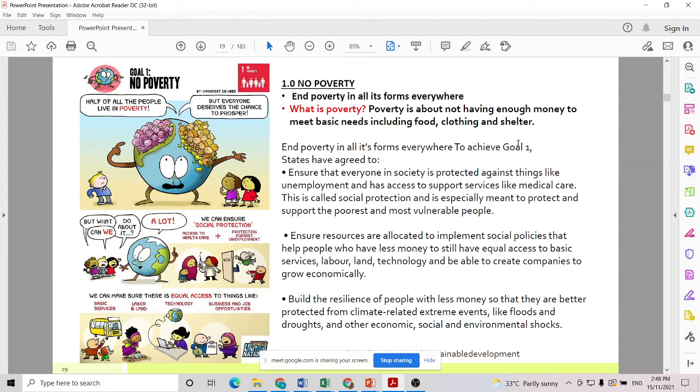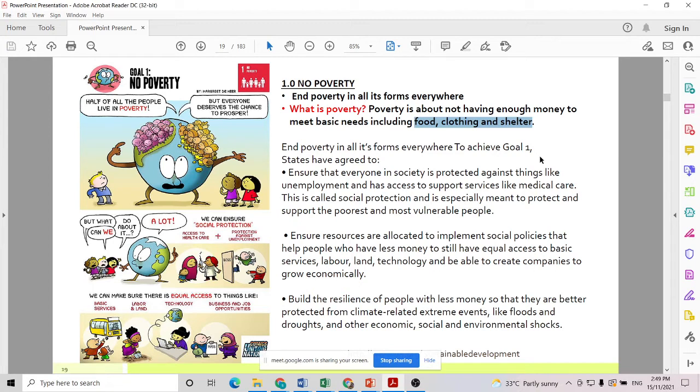Poverty is about not having enough money to meet basic needs, including food, clothing, and shelter. So basically this is the number 1 goal, to increase the effort.